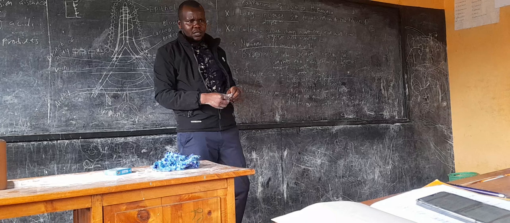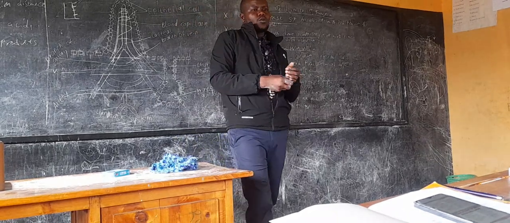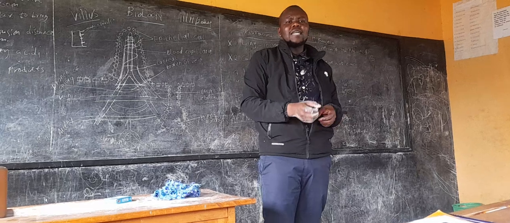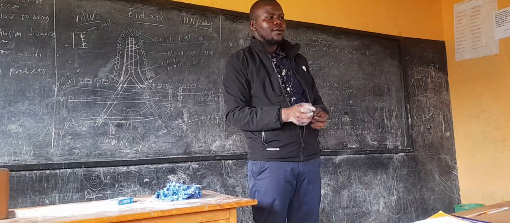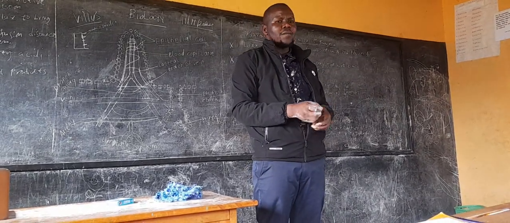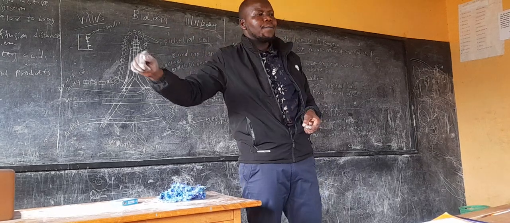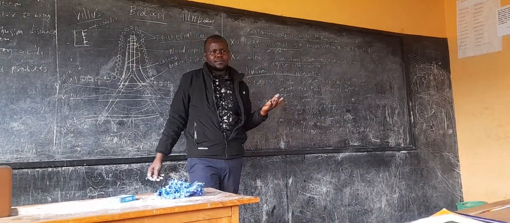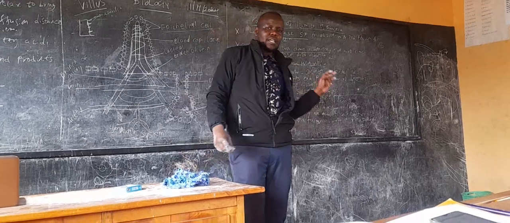Brunner's gland was secreting the intestinal juice, and the intestinal juice does conversion of the end products of digestion and absorption. Then we have the goblet cells, which secrete mucus.